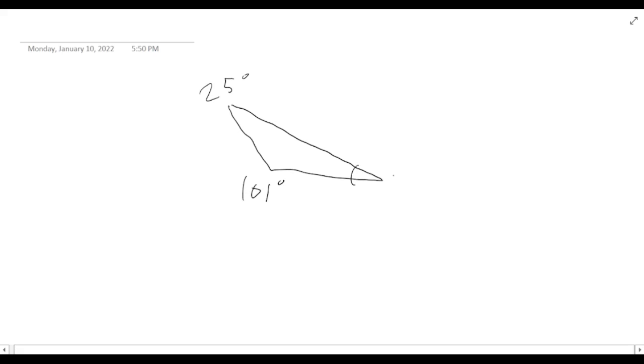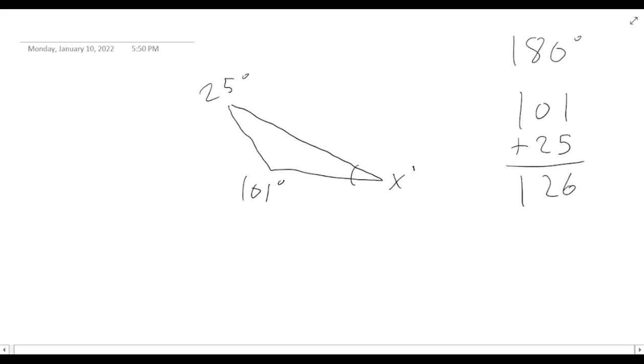We want to find out this angle. Well, to find out the missing angle, again, everything added up has to equal 180 degrees. So let's add up what we know. So 101 plus 25. 1 plus 5 is 6, 0 plus 2 is 2, and 1 plus 0 is 1. So we have 126. Great.